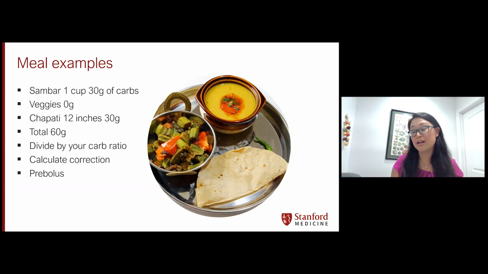Some people with diabetes 3C maybe have a 1 to 20 carb ratio. It just depends. I would ask your doctor. And for a meal like this, because it's going to raise blood sugar a little bit higher faster, and it's lower in saturated fat and a little bit lower in protein, I would give this a pre-bolus of at least 20 minutes, of course depending on where your blood sugar starts before the meal.